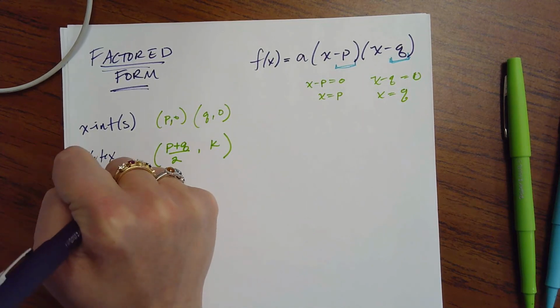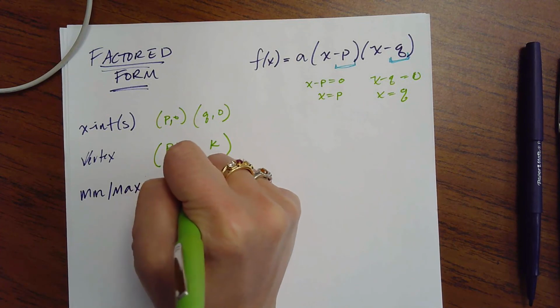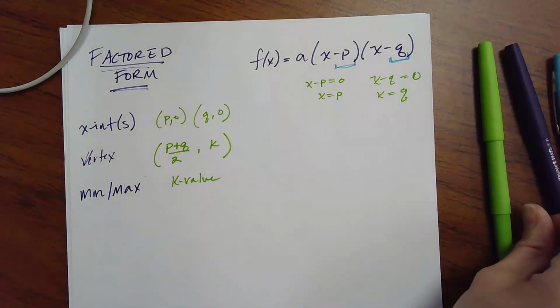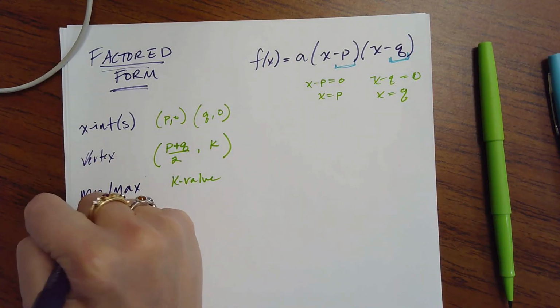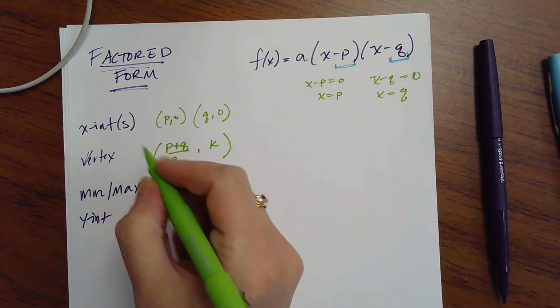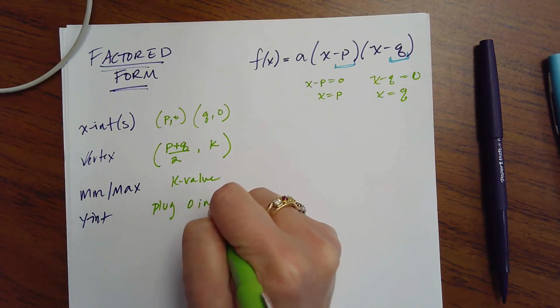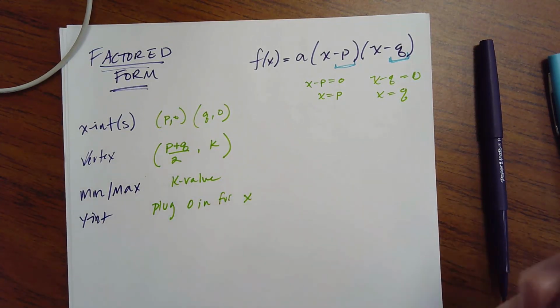Min and max stays the same. This is just going to be your K value. Y-intercept, we're going to do it the same way we did with vertex form, and that's plug 0 in for x. Oh, I forgot the axis of symmetry.